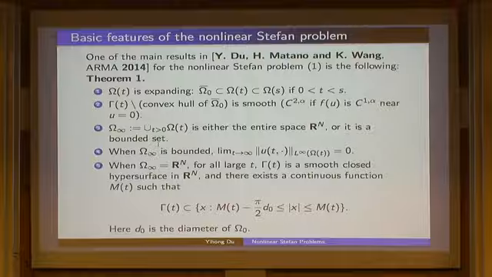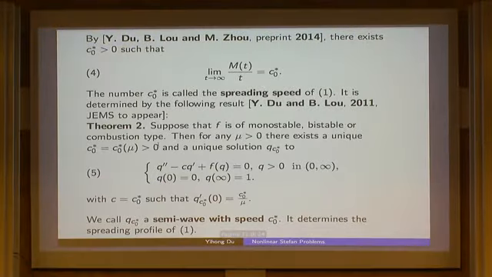If you normalize it to unit volume, for example, the free boundary would converge to the unit sphere. We can also show that this m of t goes to infinity like a linear function of t.